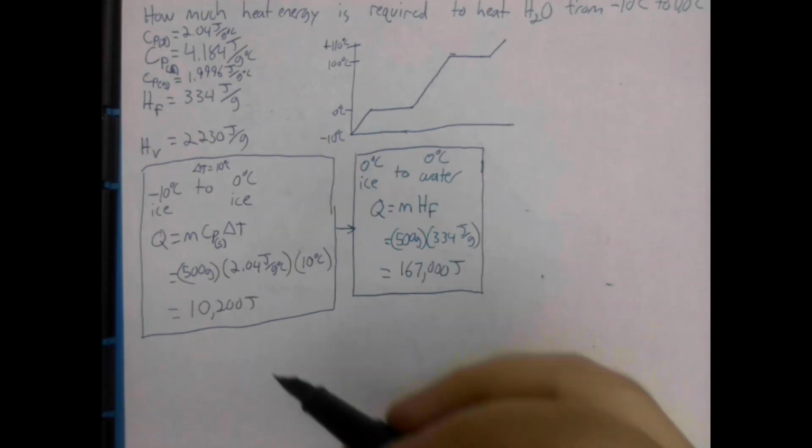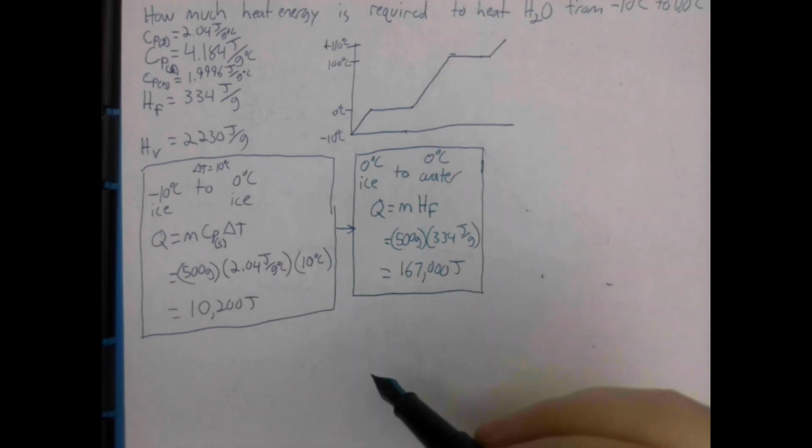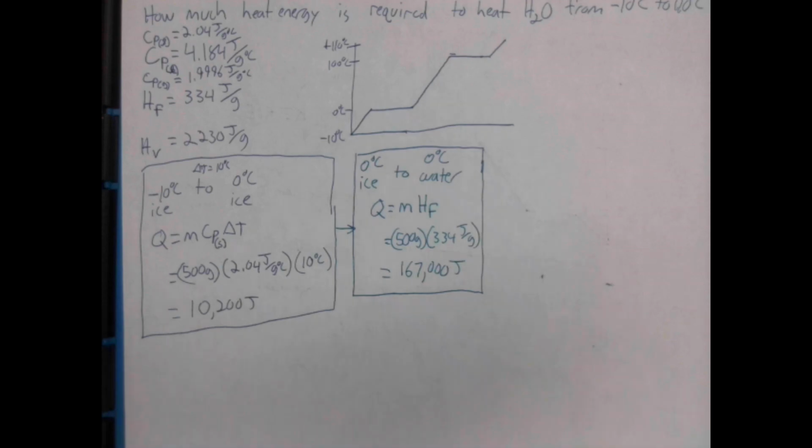So relatively, it took way more energy to melt the ice than it took to heat it up to the melting point. This is the reason why when it snowed, that snow took almost no time to reach the melting point.